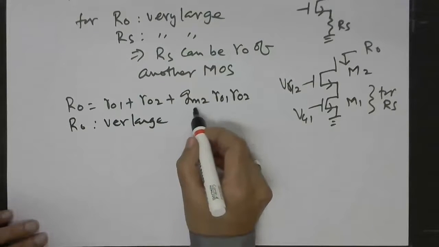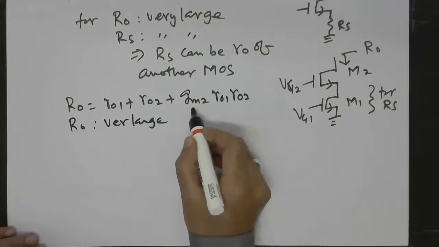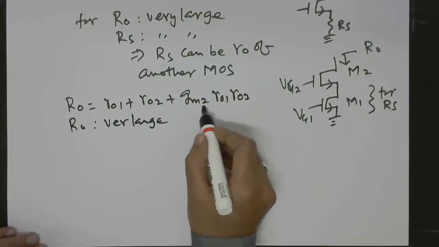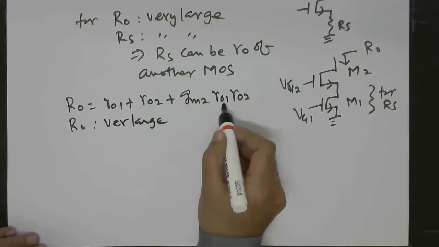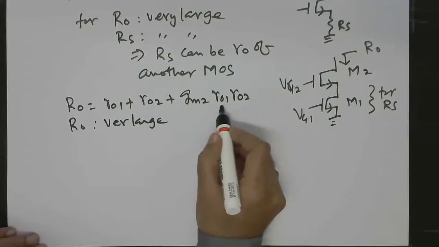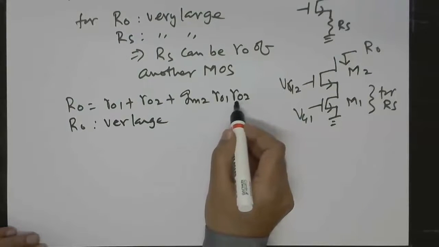Actually, here GM will be of order of millisiemens, tens of millisiemens, and R0 is usually of hundreds of kilo or even mega. So this factor itself is going to be 100. So this is already 10 raised power 5.